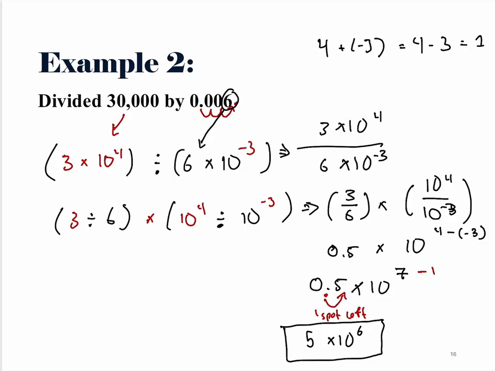So 30,000 divided by a small number becomes a large number. And you can follow this side of the slide. Using that notation is fine. It's just a little bit more confusing. This is easier to look at here, in my opinion.